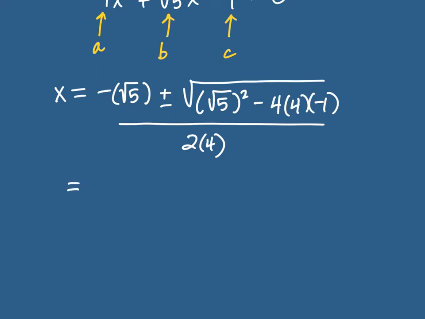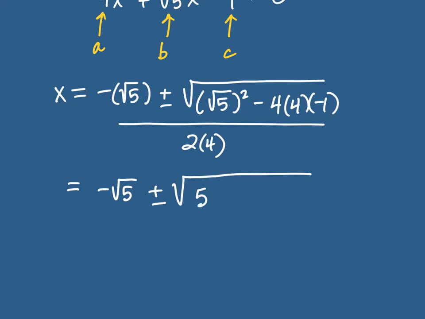At the beginning, when we have negative rad 5, we're just going to leave it, negative rad 5. And then under the square root, we have a square that's around the parentheses of rad 5, which means rad 5 times itself, rad 5. What does that give you? Just 5.